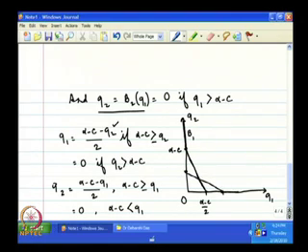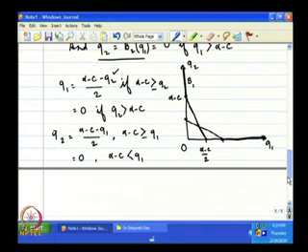And if q1 is greater than alpha minus c, then q2 is equal to 0, which means that I am getting the horizontal axis itself, which means that this B2 is cutting this B1 at only one point. This is the point of intersection.